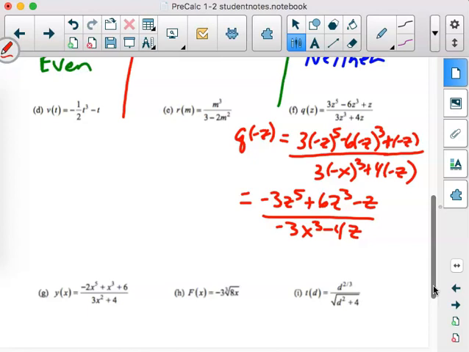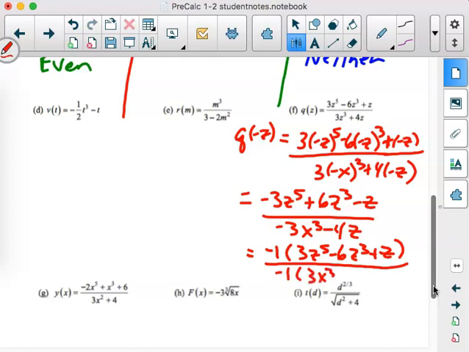Too many negatives. I'm going to pull a negative out of the top and the bottom and see what's left. So negative 1 factored out would be 3z to the 5th minus 6z cubed plus z over negative 1 times 3z cubed, oh, and I made an x instead of a z on that one. Force of habit.